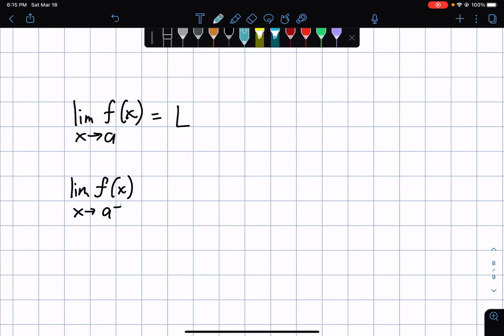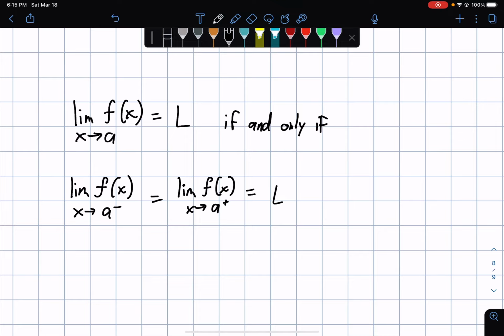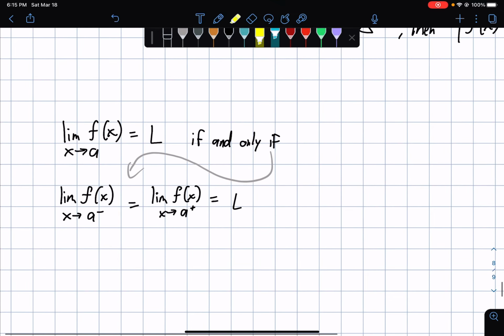You know it because the symbol here is negative. It should be equal to lim f of x such that x approaches a from the right side. So L, that means the limit exists. We'll be highlighting this, as it's going to be important information.